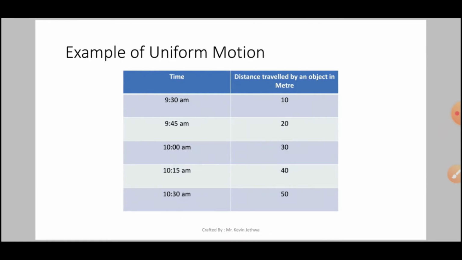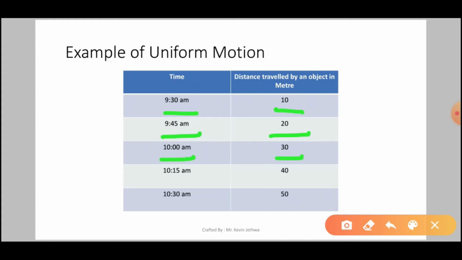Moving on, let us take an example of a uniform motion. Now in this example, it is given a time and a distance traveled by an object. At 9:30 am, the object has traveled 10 meters. After 15 minutes, that is at 9:45 am, it has traveled 20 meters. And then again after 15 minutes, it has traveled 30 meters.